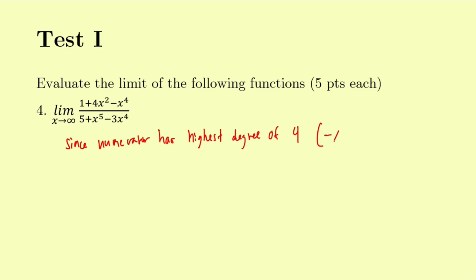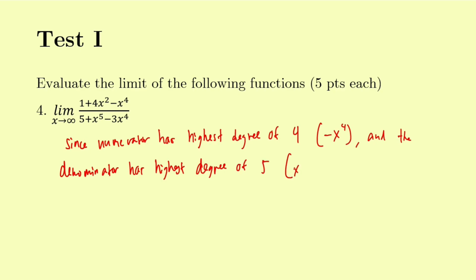That is negative x to the fourth. And the denominator has the highest degree of what? 5, which is x raised to 5.